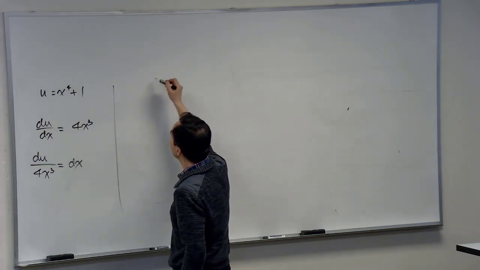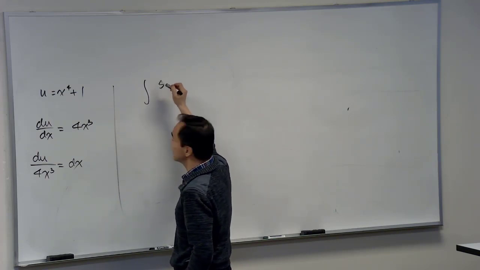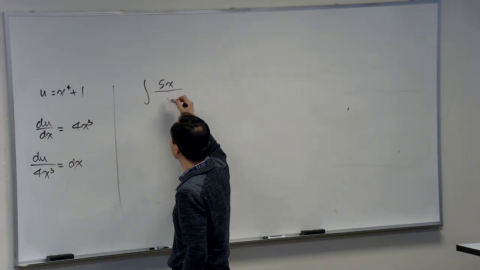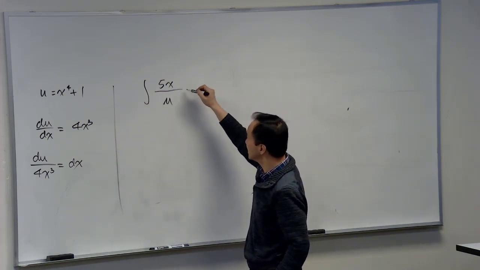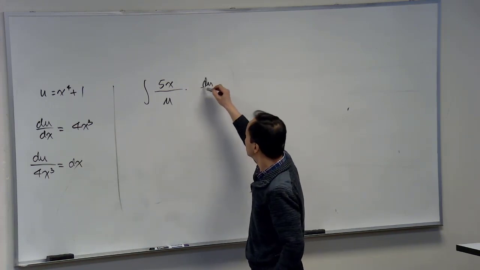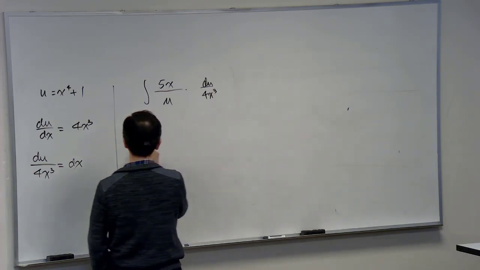We have the function here, see that 5x did not get a substitution. We leave it there for now. The entire x to the fourth plus 1 was chosen. So in the denominator we have u, and the dx can be replaced by du over 4x cubed.